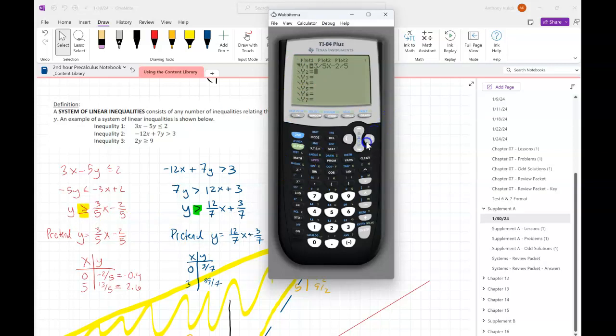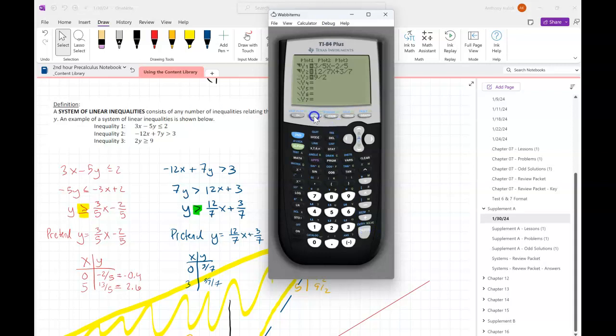And then the next one should be 12 over 7 x plus 3 over 7. And again, that should be shaded above, so I'm going to do the same thing. And the last one was y equals 9 over 2. And that one was supposed to be shaded above.